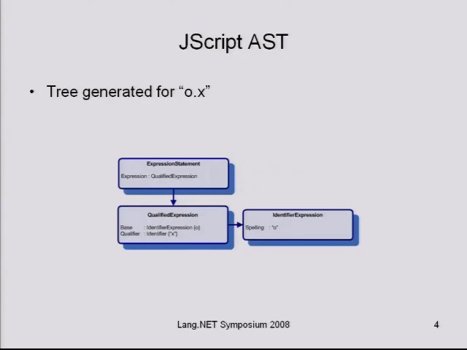So let's look at what happens first. What is the JScript AST that is generated for the code that I just showed you? So for just o.x, the JScript parser translates it into a qualified expression, with o being the base and the identifier x being the qualifier.